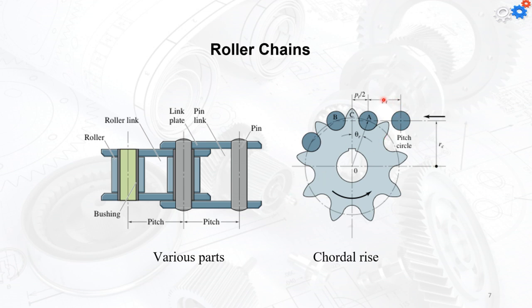What we call the pitch value is the roller to roller distance, and the distance between the center of the teeth and the center of the roller during the contact is going to be half of the pitch value. That will be the RC value, or the radius we have for the Cordell value.